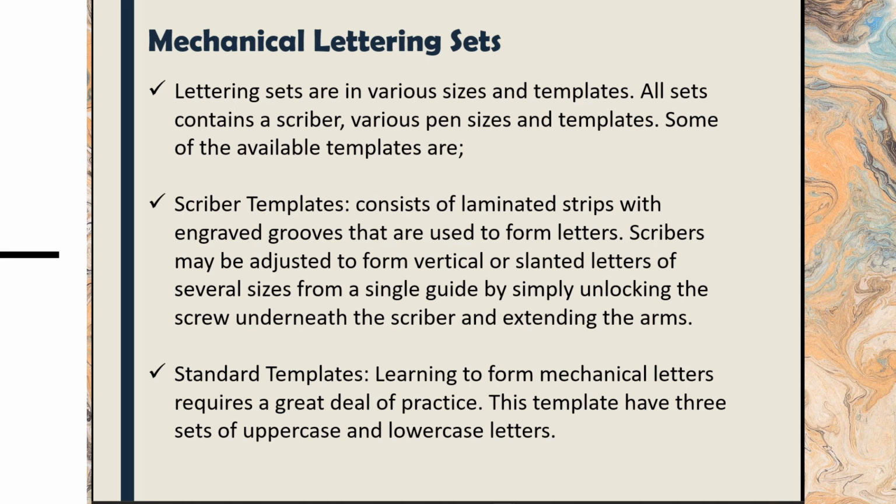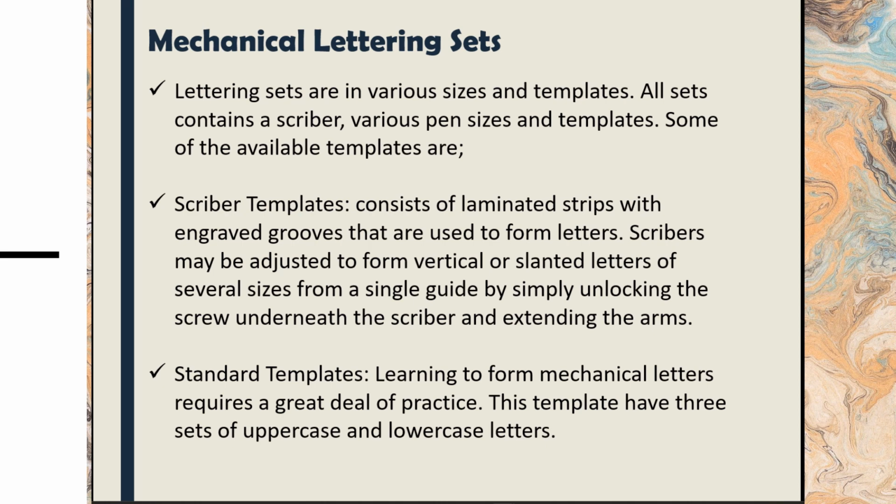Okay, we also have mechanical lettering sets. Lettering is important to engineering drawing because sometimes you have to make some notes, you have to put dimensions on the drawing. So that's why lettering is important. So we have lettering sets coming in various sizes and templates. All sets contain a scriber, various pen sizes, and templates.